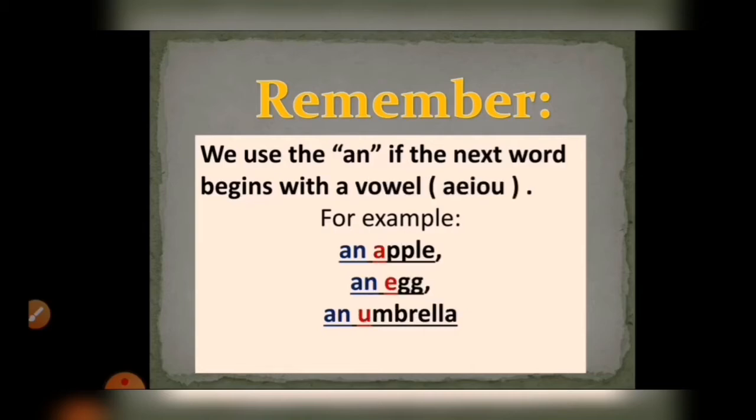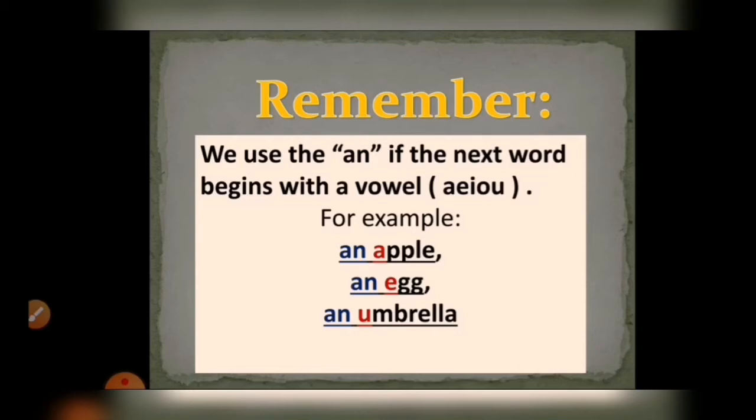Now let's proceed to the article an. Let's read. We use an if the next word begins with a vowel. There are 5 vowels in the alphabet, and these are a, e, i, o, u. Let's read the examples.